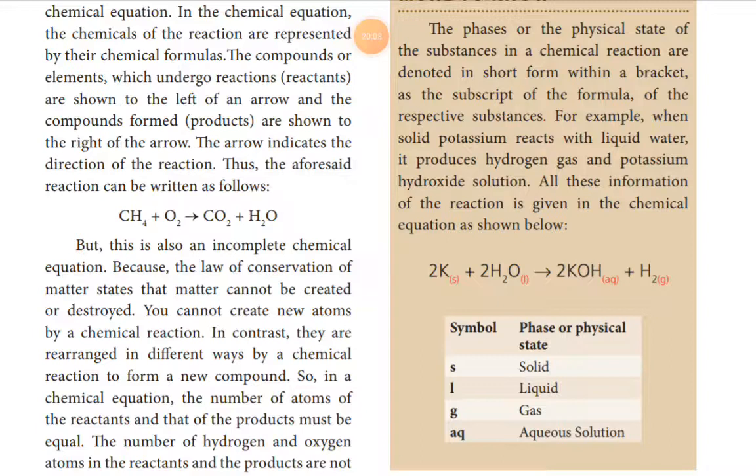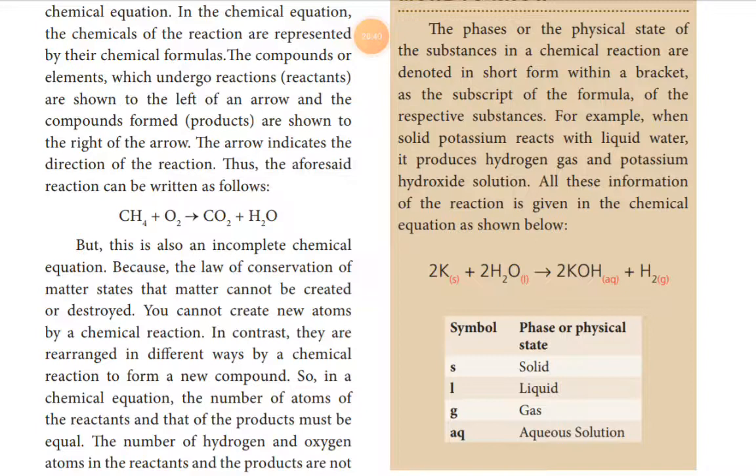It is very important when you are going to balance the chemical equation: the number of atoms on either side of the arrow mark, that means the reactant side number of atoms should be equal to the product side number of atoms. Then only the equation is going to be balanced. Without altering the chemical formula, we have to check what are the different atoms of the elements in the reactant side.